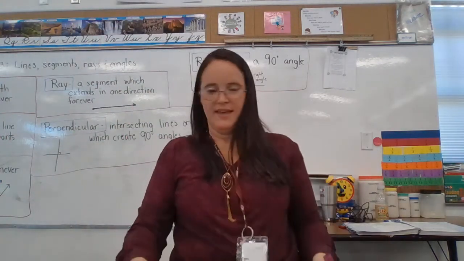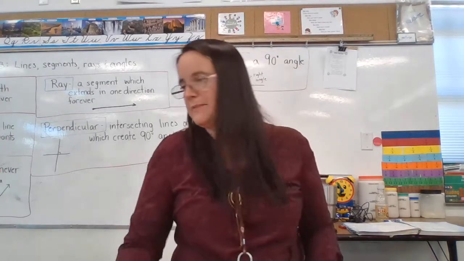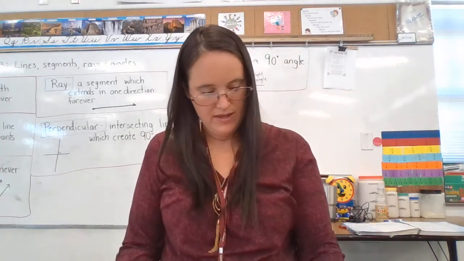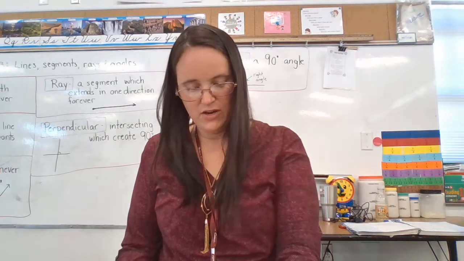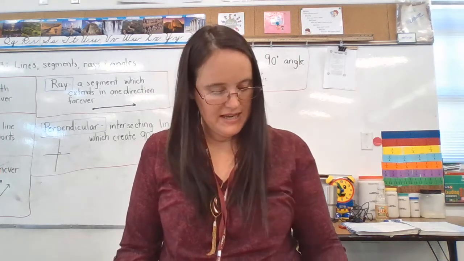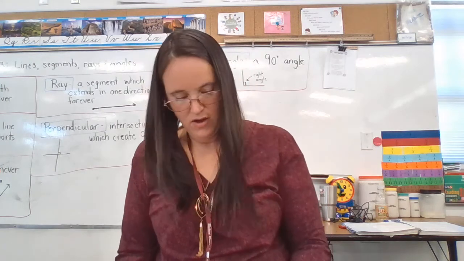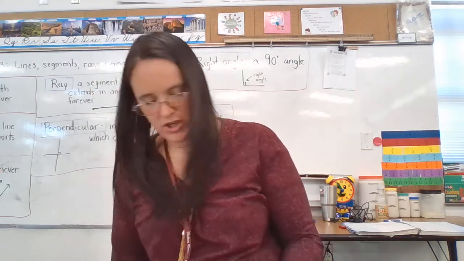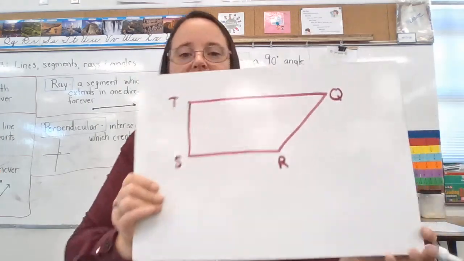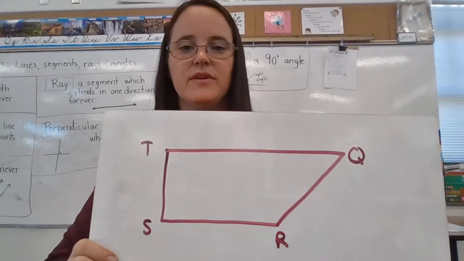Okay. The next type of problem that you might see will give you a shape. This is just a quadrilateral shape. It is labeled T, S, R, Q. And they label shapes by putting letters in their corners, okay?